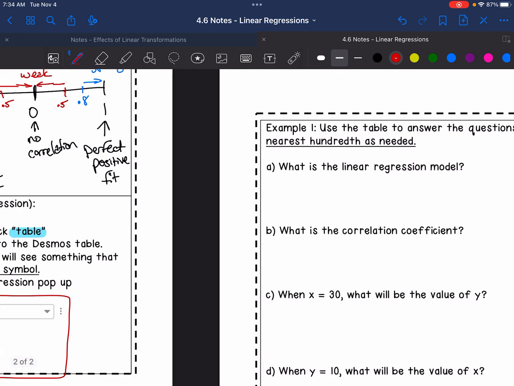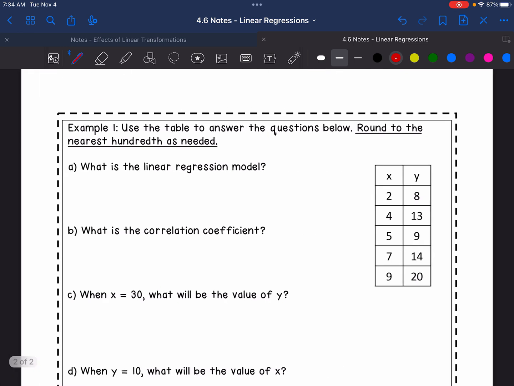All right, so let's try this out with this example here. We've got this table. We need to put this in Desmos. Okay, I'm going to put that in Desmos because it's going to ask me what is the linear regression model. And then notice also in my instructions, it says round to the nearest hundredth.